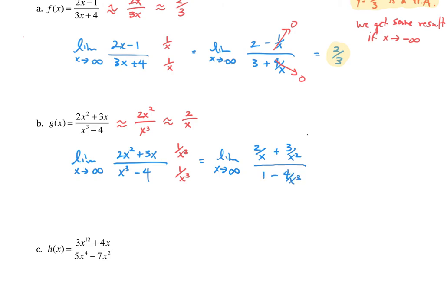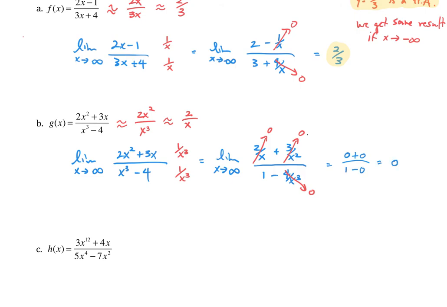Now you see I have 3 separate situations where the numerator is a constant, but the bottom is exploding off to positive infinity. In each of these cases, this goes to 0, this goes to 0, and that goes to 0. So when I simplify, I get 0 plus 0 over 1 minus 0.